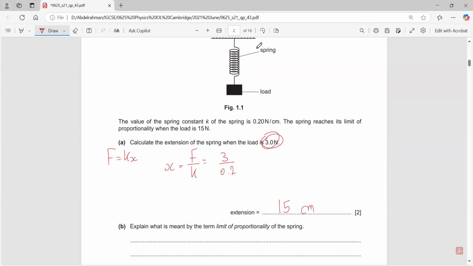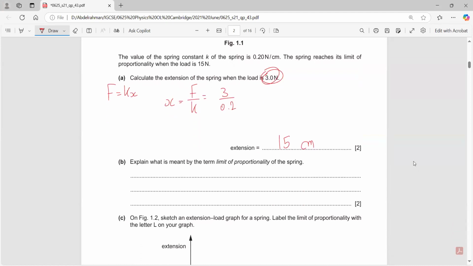Explain what is meant by the term limit of proportionality. It is a point at which, if reached or exceeded, the spring will no longer be directly proportional.